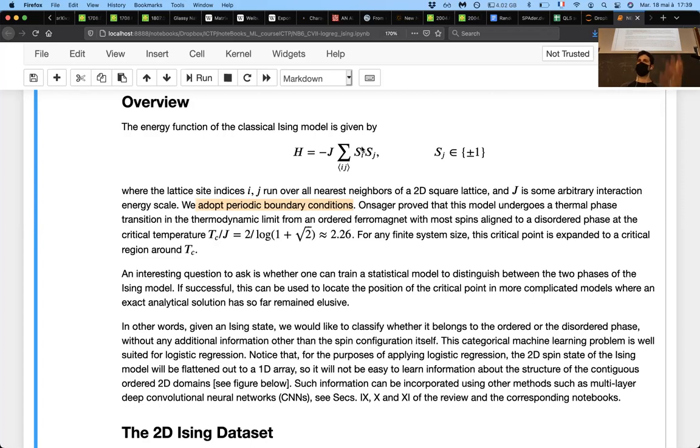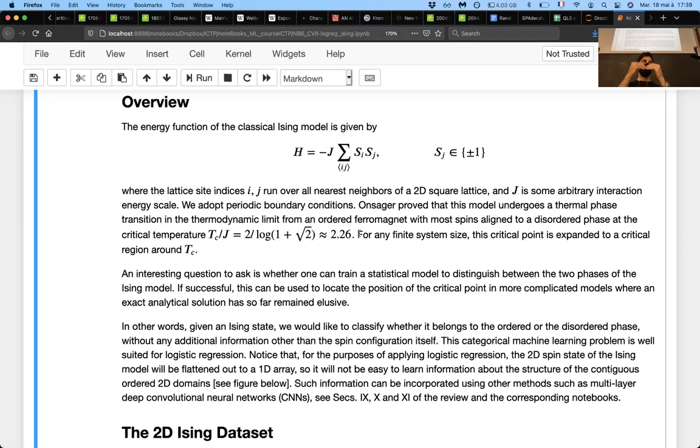So again, we associate a Gibbs-Boltzmann distribution to this model. There is a temperature, and at a temperature which is defined by this equation, if we fix J to be 1, this is an arbitrary constant, the critical temperature is 2 over log of 1 plus square root of 2, which is around 2.26. And this is a phase transition between ordered state and disordered state.